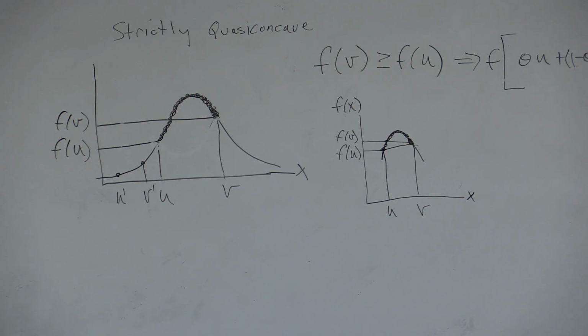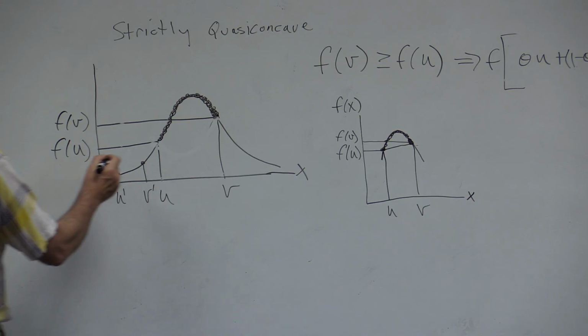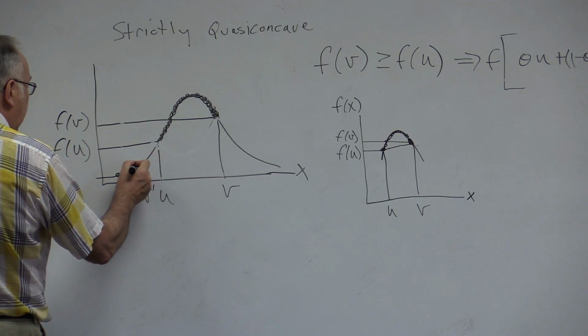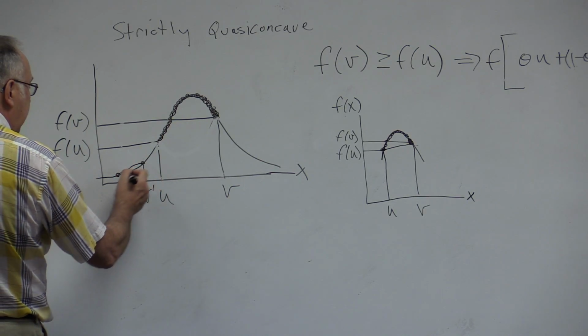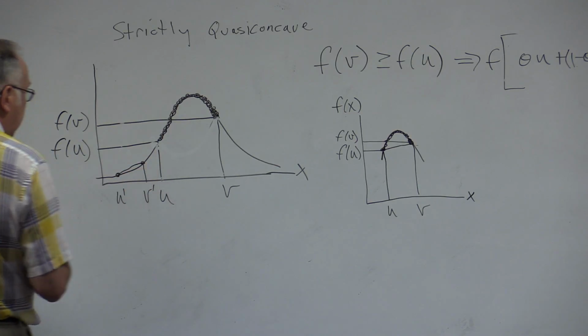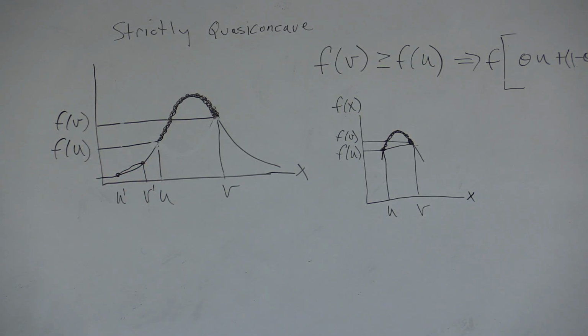Now, what would be the problem in trying to argue that this function is strictly concave? The line you connect there is above the function. Yes, right. Between these two points, if you connect them with a straight line, the straight line lies above. This segment right here is convex rather than concave. But nevertheless, this function is strictly quasi-concave.